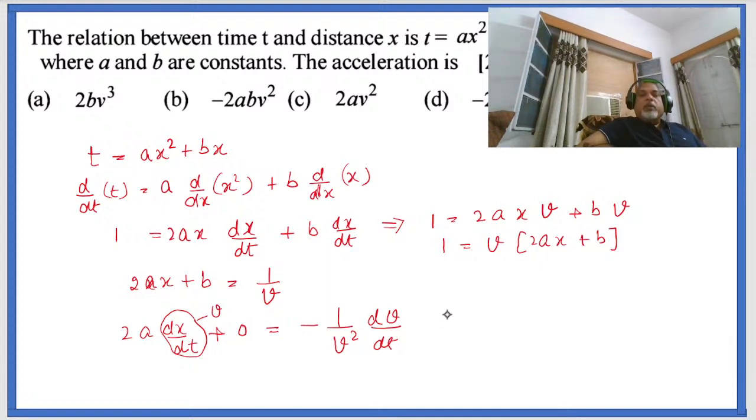That means dv upon dt will be minus 2a v cube, and dv upon dt is what?